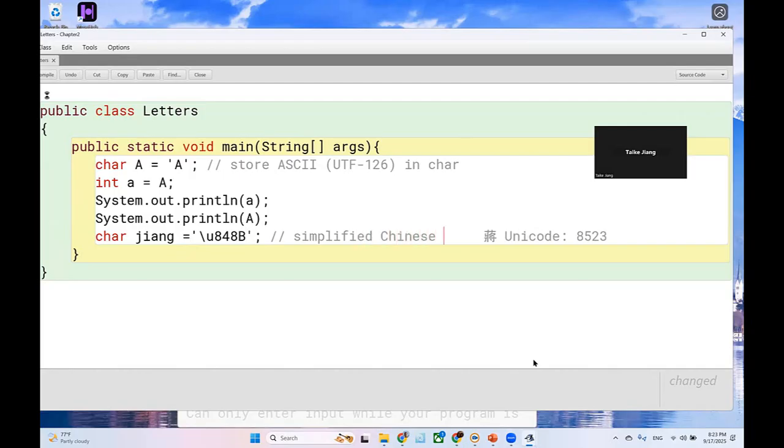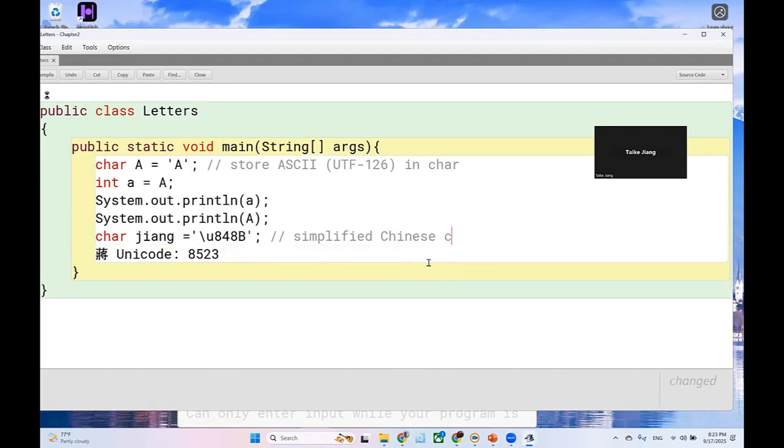So that's actually another one. This one is 85323. This is actually traditional Chinese.